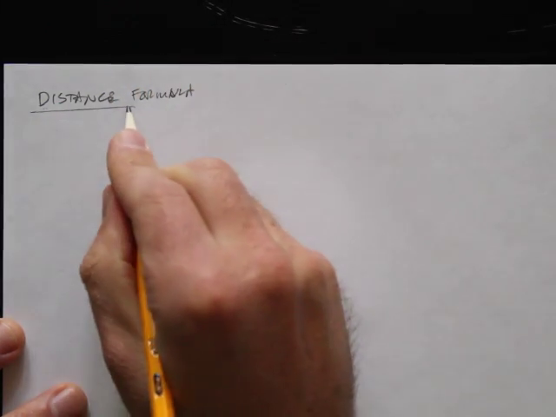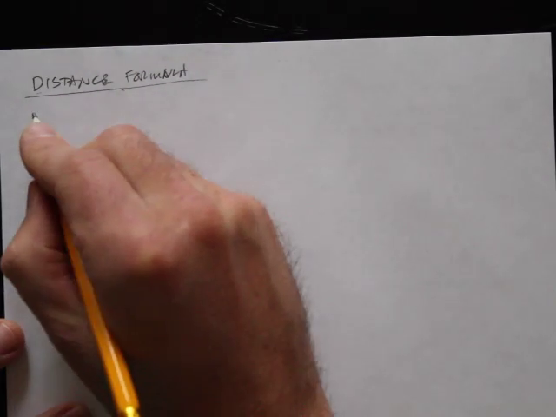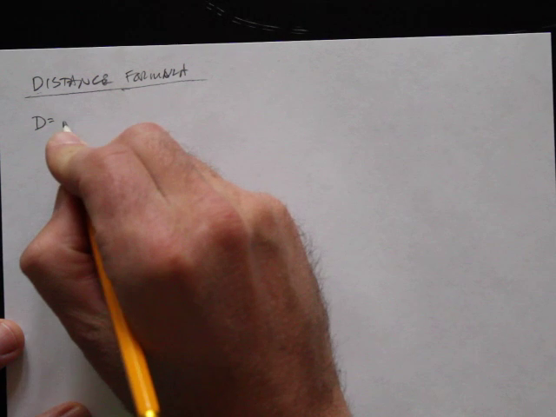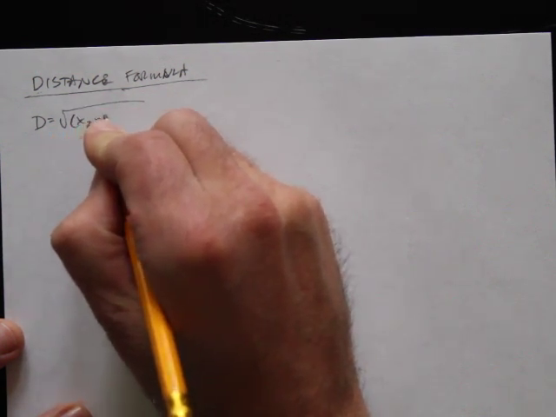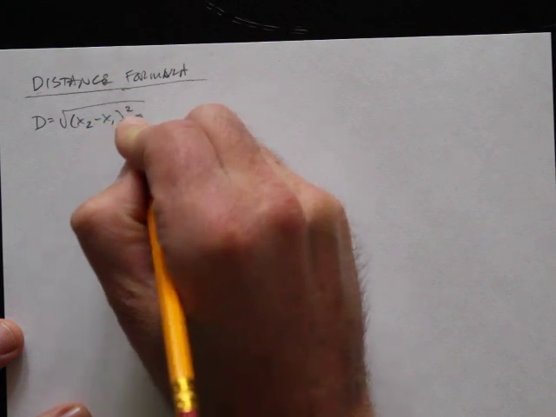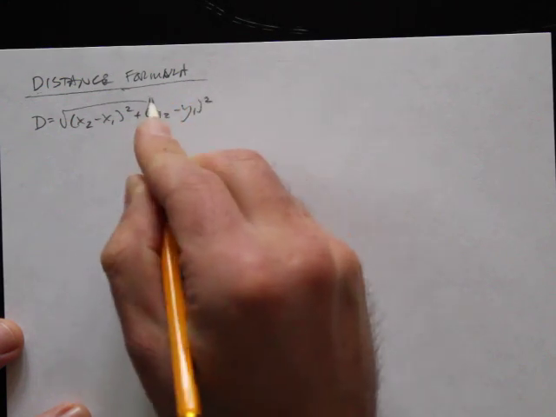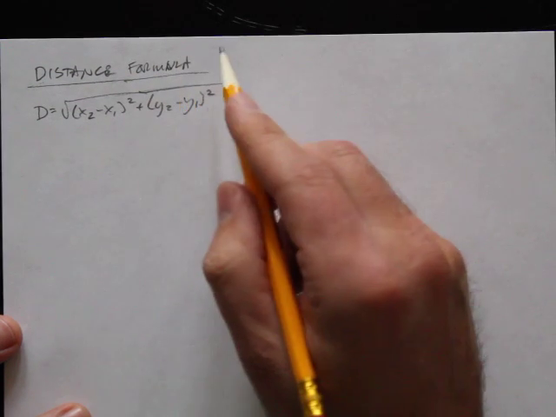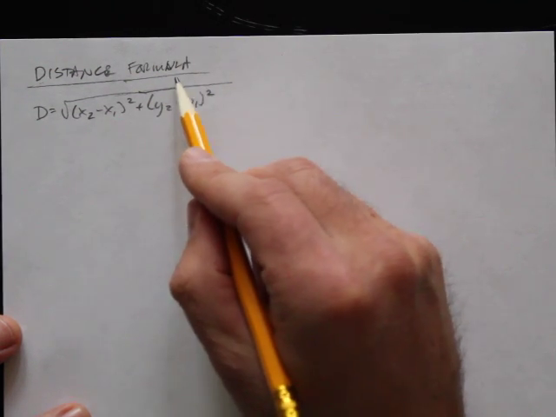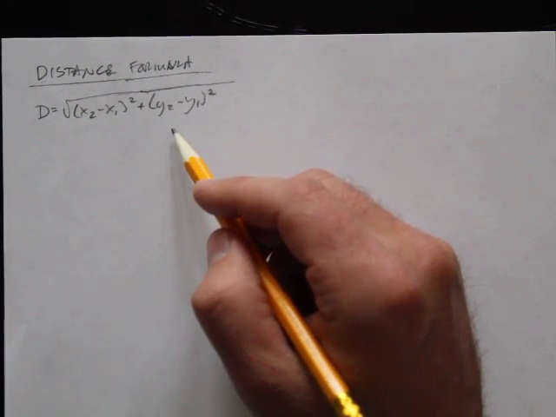For 4-8, remember that the distance formula is the square root of x2 minus x1 squared plus y2 minus y1 squared. This was in 4-7, but I think this is the time to remind you of it in 4-8.